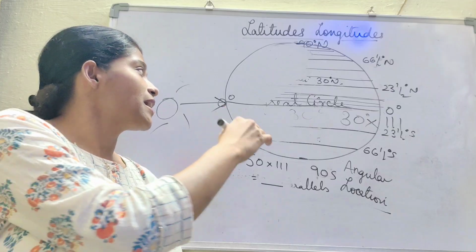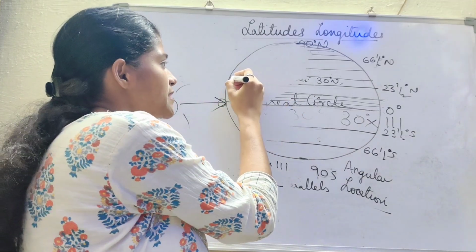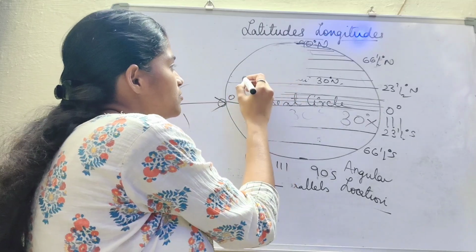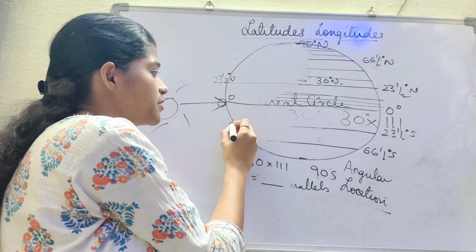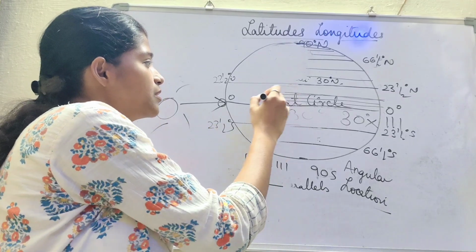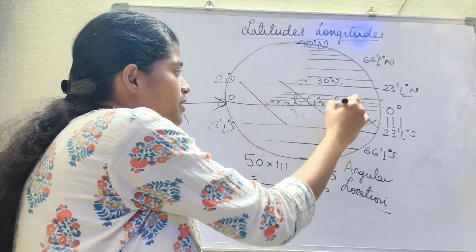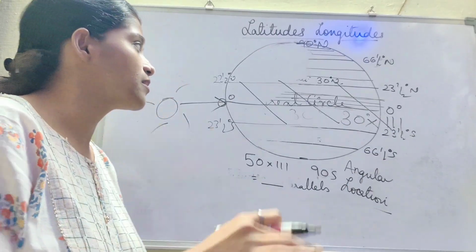Next, as we move north, the torrid zone lies between 0 to 23.5 degrees north or south latitude. The temperature of this zone is high throughout the year.